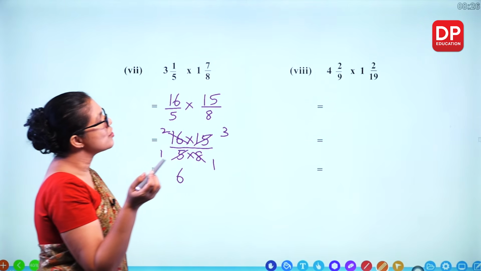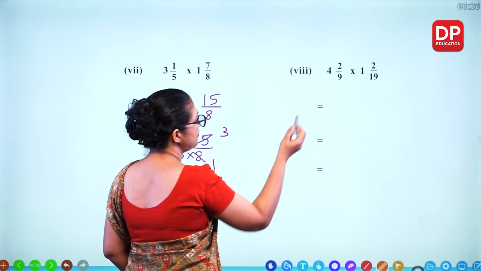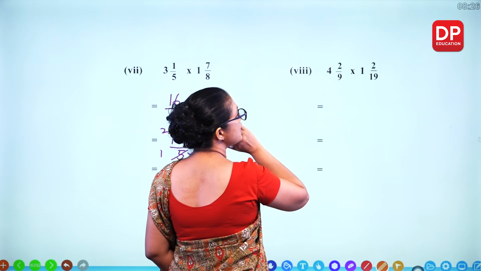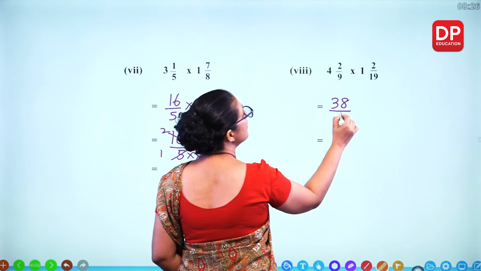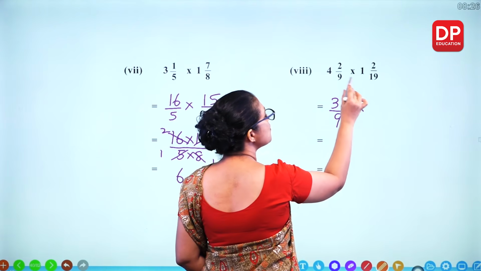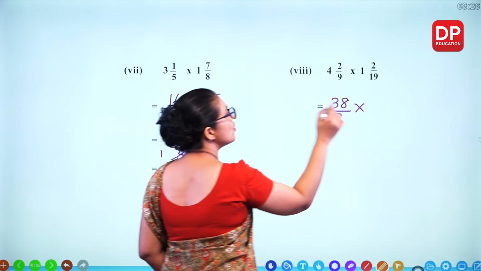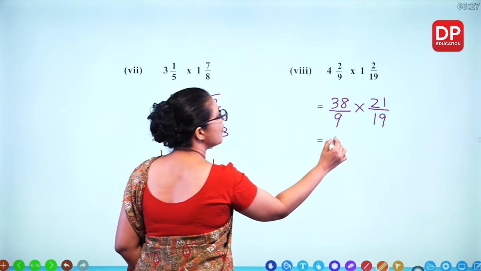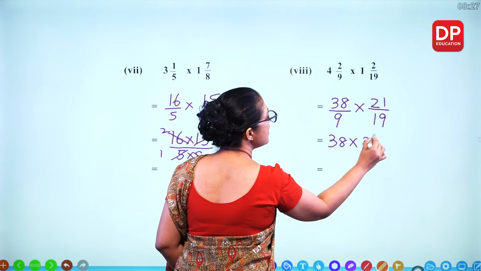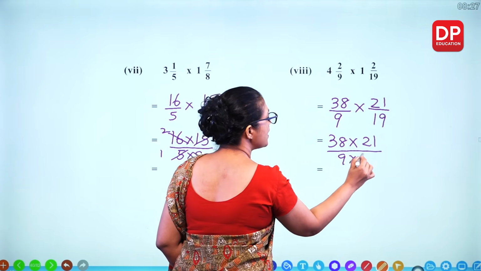Again, another question with mixed numbers. 9 times 4, 36 plus 2, 38 over 9. 9 times 1, 9 plus 2, 21 over... Now, multiply the numerator separately, denominator separately.